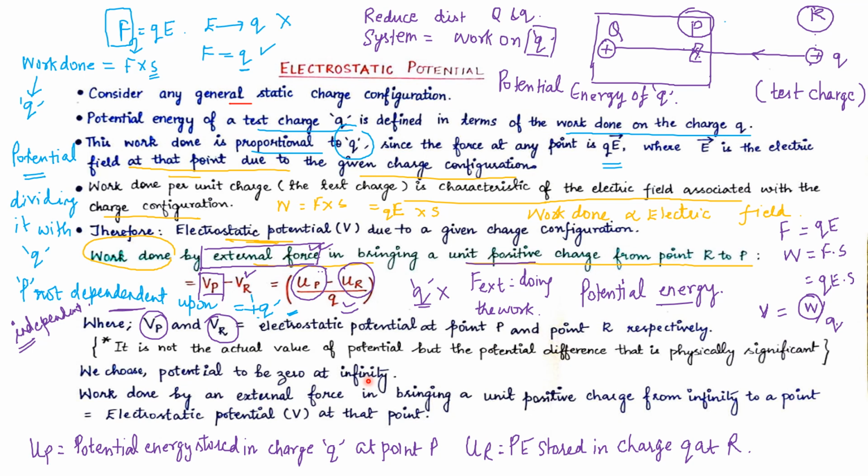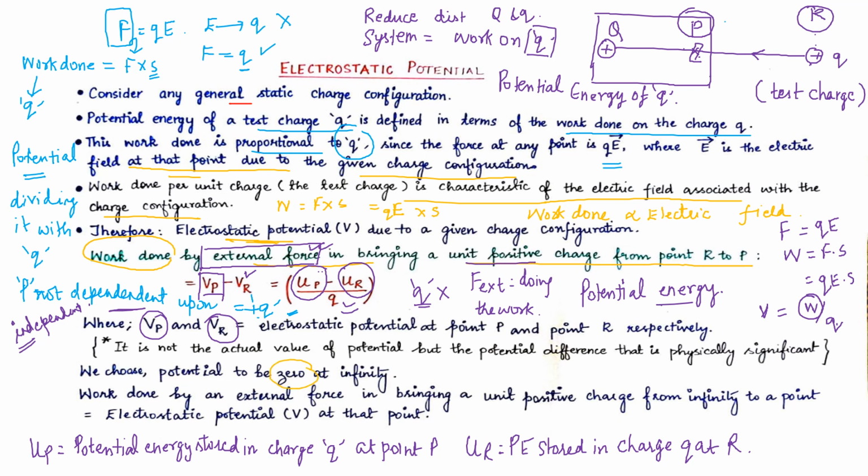Infinity is very far from the capital Q charge. So what will happen? The electric field will start diminishing till the time they reach infinity. So at that particular point we can define the potential to be 0.